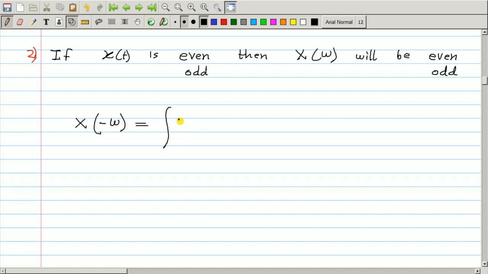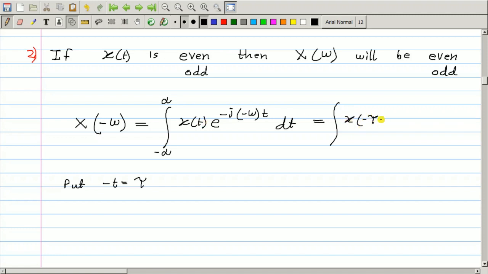This is given as the integral of x(t) e to the power minus j times minus ω t dt from minus infinity to plus infinity. Now let us put minus t is equal to tau. Then we shall have x of minus tau and e to the power minus j, this minus minus I can write as plus jω, and in place of t let me put minus tau.